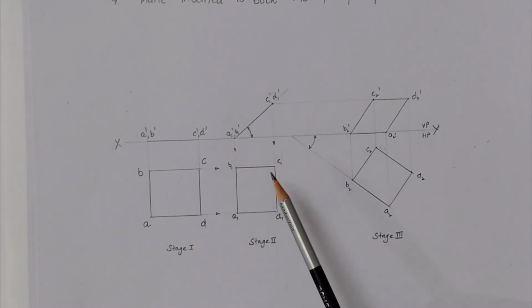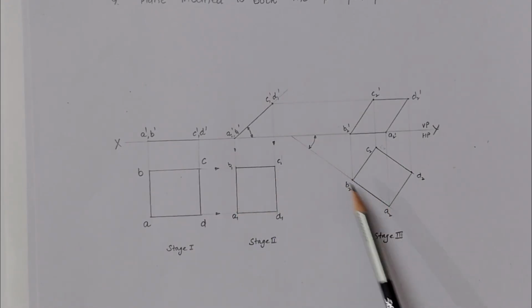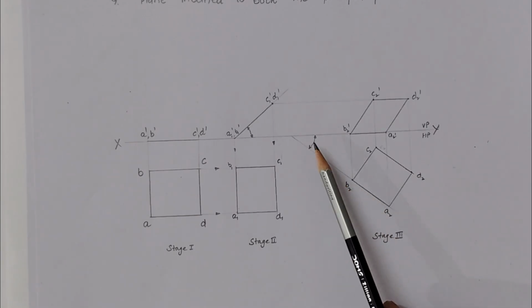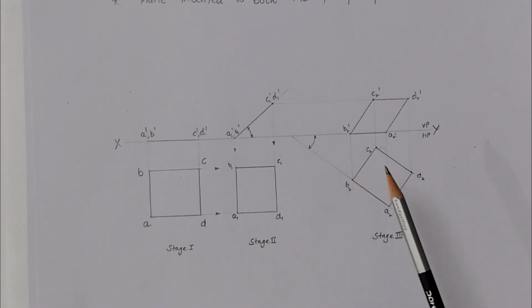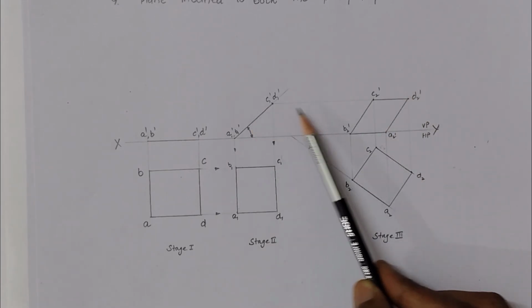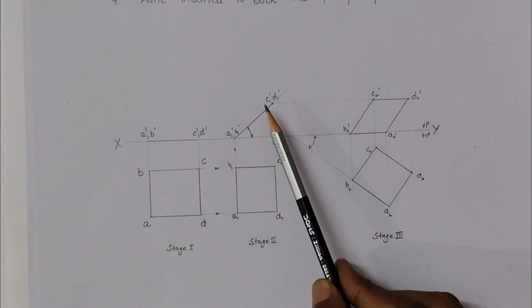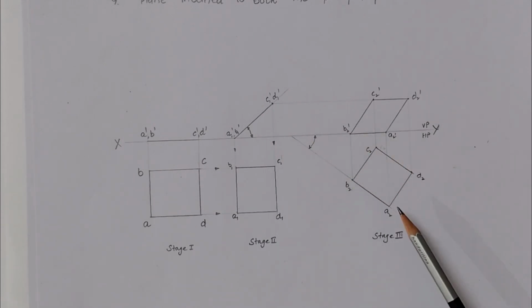From here we draw the projections, they intersect with each other at the respective points, and we get the shape of the object. After this, we incline the edge of this object at the given angle in the question, and we draw the front view with the help of the front view of stage 2 and the top view of stage 3.